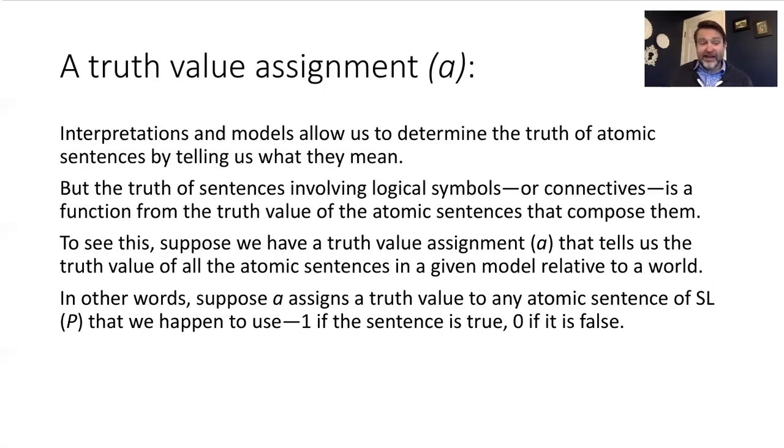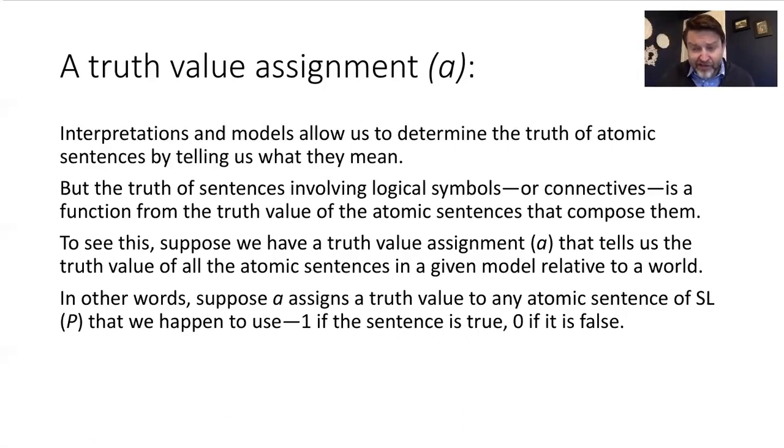Since we're in a bivalent logic, it's going to give 1 if the sentence is true and 0 if it is false. And so you can just imagine that you have a list of all the atomic sentences, and A is just going to give us true, true, false, true, true, false, false, false, true, false, false, false, for all of these sentences, right?